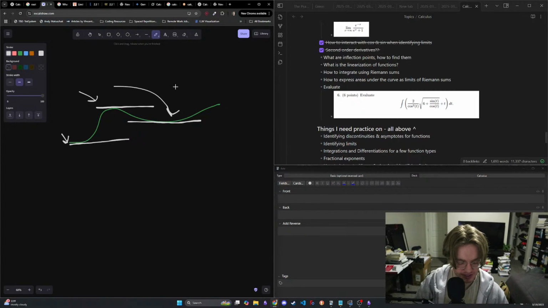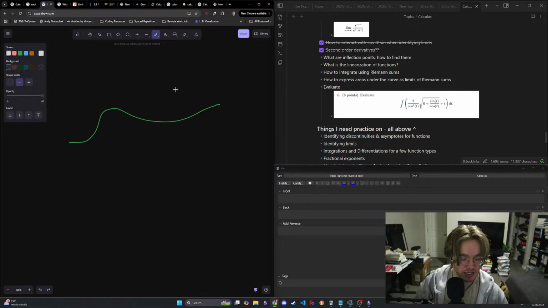So we have to take the second order derivative, because it could be the case, let me take a counterpoint, that my function is like this.